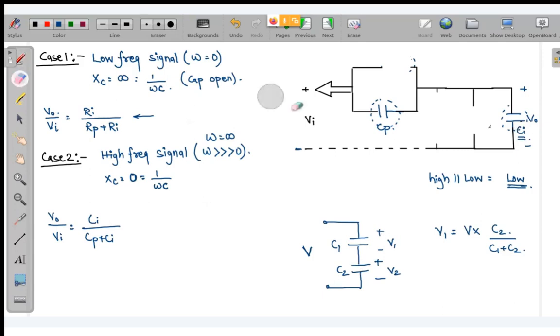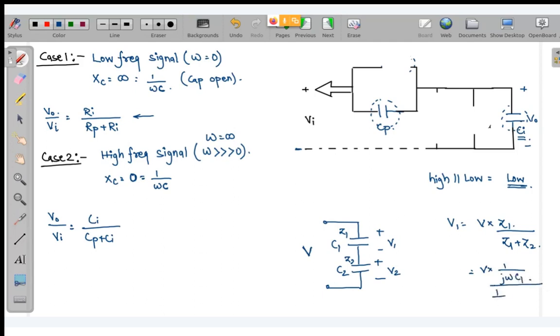No, I had given this formula, if you remember. If this was Z1 and this was Z2, I told you V1 will be equal to V into Z1 divided by Z1 plus Z2. Are we remembering this? So if I put this formula, V into Z1, where Z1 is 1 by j omega C1, divided by 1 by j omega C1 plus 1 by j omega C2.